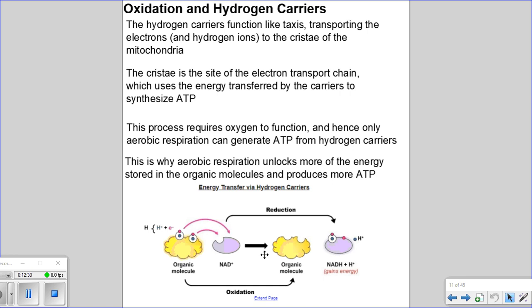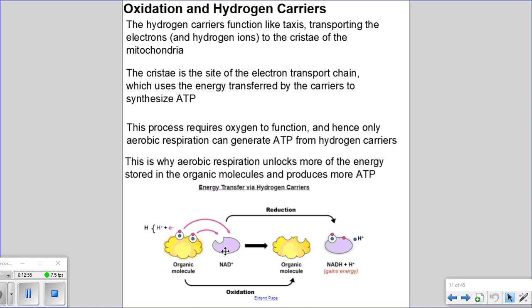So this diagram here just shows the oxidation reduction reactions that are occurring involving the organic molecule, glucose, and NAD. So here we have the hydrogen ions and the electrons that get transferred from the organic molecule to NAD. And NAD is undergoing the reduction reaction.